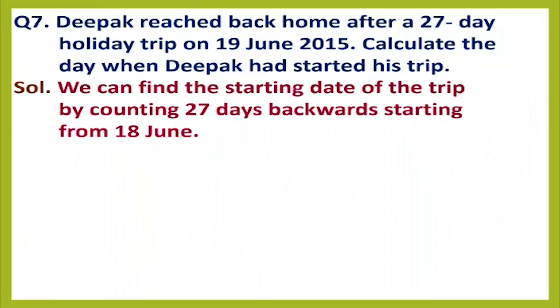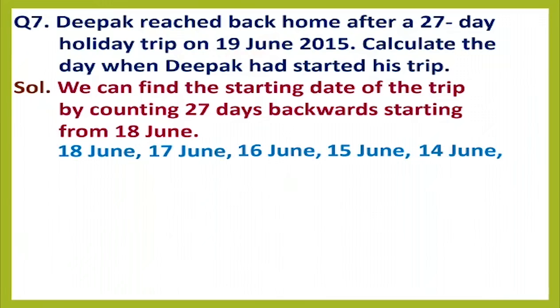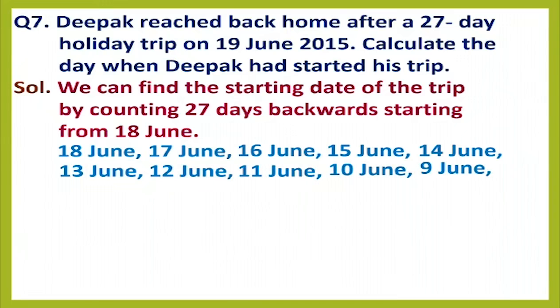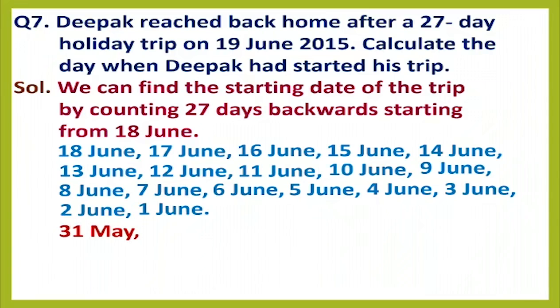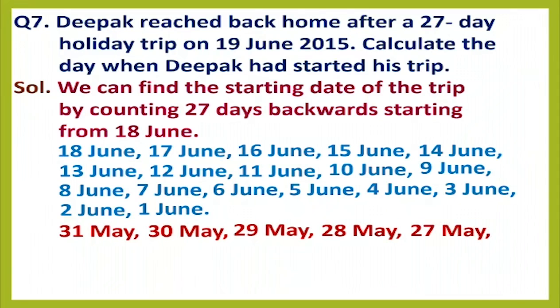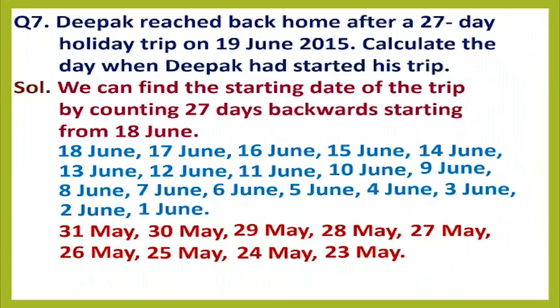So 18 June, 17 June, 16 June, 15 June, 14 June, 13 June, 12 June, 11 June, 10 June, 9 June, 8 June, 7 June, 6 June, 5 June, 4 June, 3 June, 2 June, 1 June. Then after 1 June we will have 31 May, 30 May, 29 May, 28 May, 27 May, 26 May, 25 May, 24 May and 23 May.